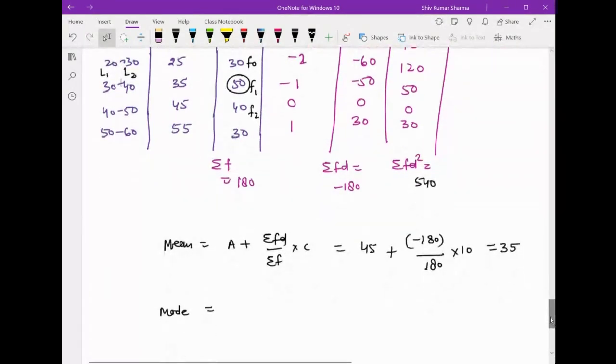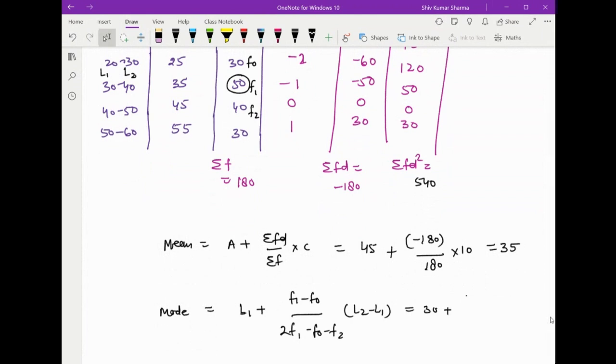So we calculate the mode. Mode is equal to L1 plus f1 minus f0 upon twice f1 minus f0 minus f2, into L2 minus L1. So this equals 30 plus f1 is 50, 50 minus 30, upon twice 50 is 100, 100 minus 40 minus 30, into 10.